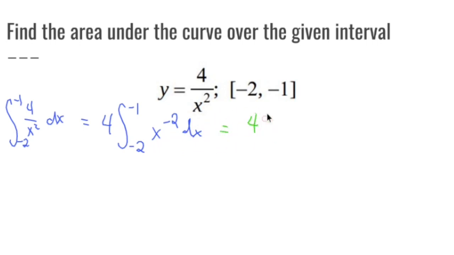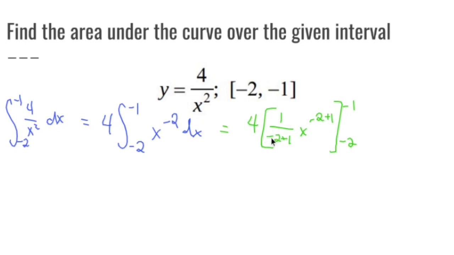Let me see, 4 times, let's add 1 over -2 plus 1, x to the -2 plus 1. My limits of integration are still -2 and -1, can't ignore those.